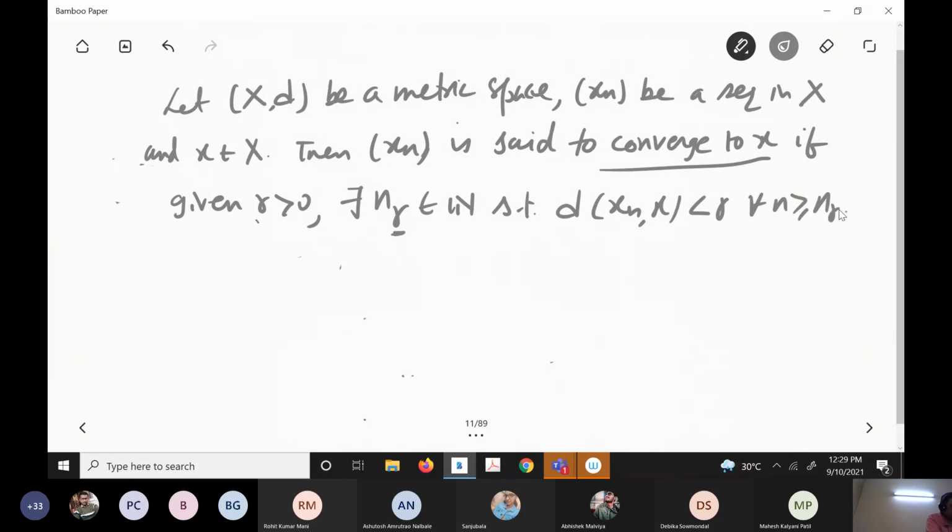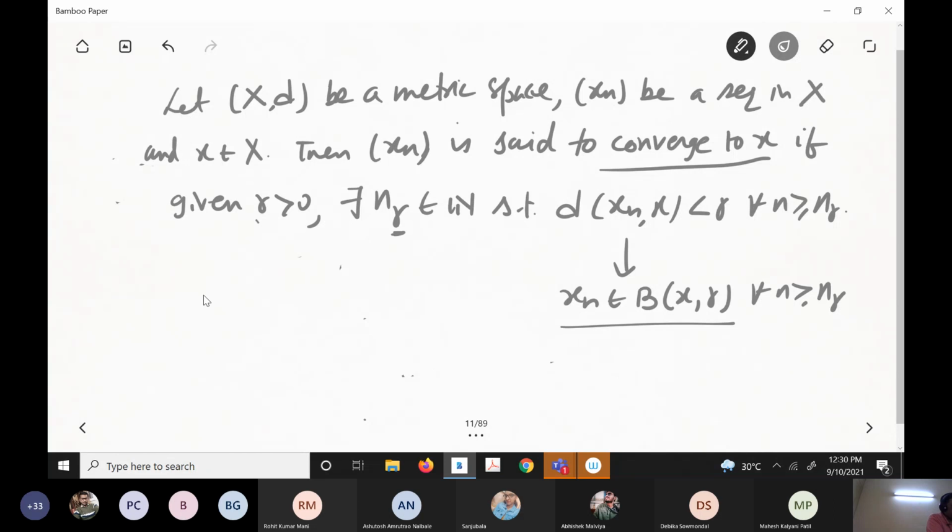Now look here. It means xn belongs to B(x, r) for all n greater than or equal to Nr. That means after Nr, every member of the sequence will be here. This is called the tail of the sequence.